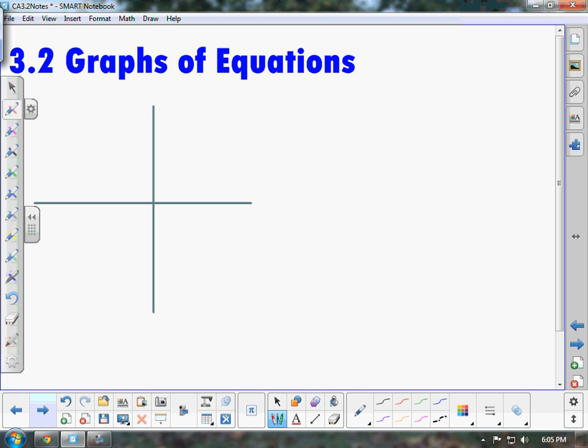Second thing about graphs of equations are some things dealing with symmetry.